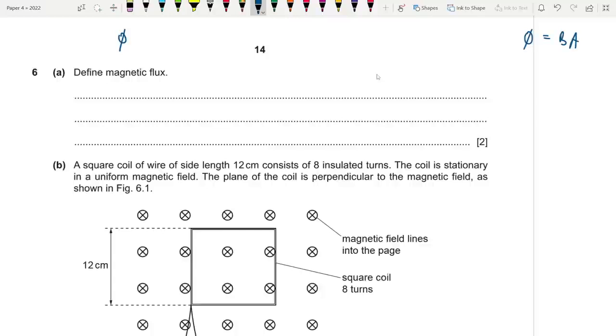So magnetic flux is basically B times A. That's magnetic flux, and if you do BAN, that's magnetic flux linkage. Okay.